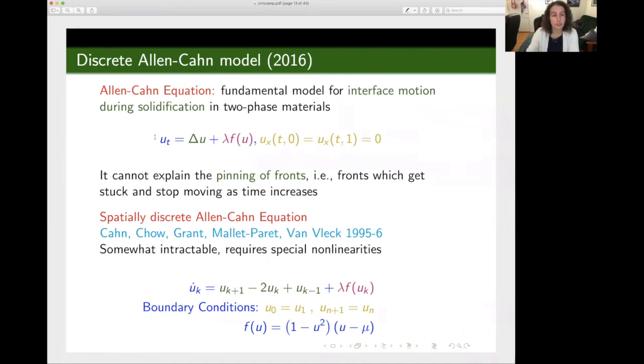The Allen-Cahn model for solidification of phases is a differential equation, but the problem with this differential equation is that it doesn't explain a physical occurrence, which is the pinning of fronts. And so the spatially discrete Allen-Cahn equation was designed with the idea that by looking at a discrete version, it would be possible to explain the pinning of fronts.